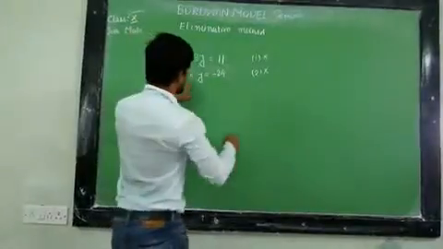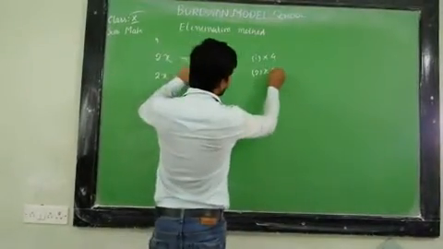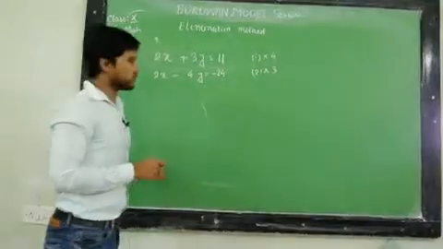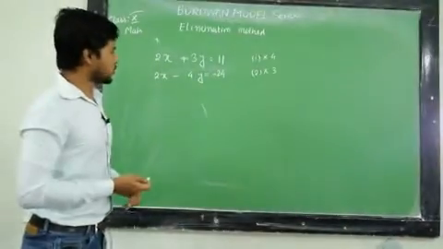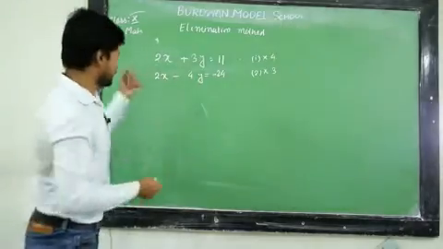So if I multiply the first equation by 4 and the second equation by 3, you see that the coefficient of y in these two equations will be the same. See how?